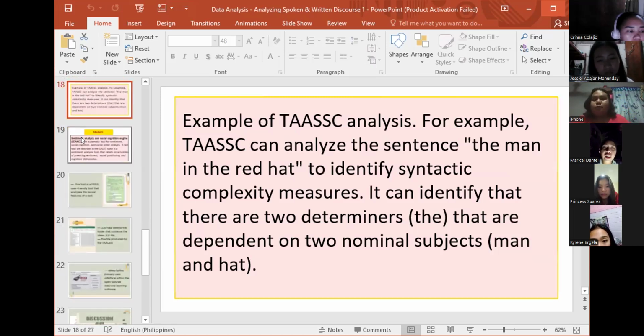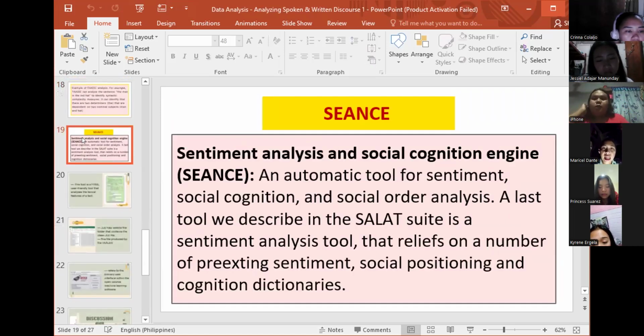So the third one is SEANCE. SEANCE is the Sentiment Analysis and Social Cognition Engine. It is an automatic tool for sentiment, social cognition, and social order analysis. The last tool we describe is a sentiment analysis tool that relates a number of pre-existing sentiment, social positioning, and cognition dictionaries.